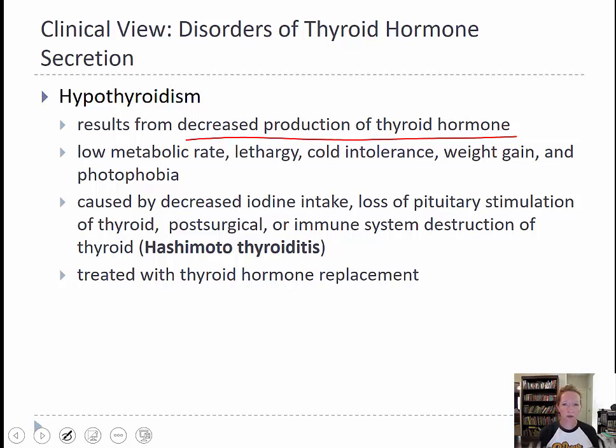Sometimes removing the thyroid because of issues post-surgical can cause problems. Or there's autoimmune disorders that can cause it. Hashimoto's disease or Hashimoto's thyroiditis can occur, and that's going to be where the immune system's going in and destroying the thyroid gland. So usually it's treated by some kind of hormone replacement.